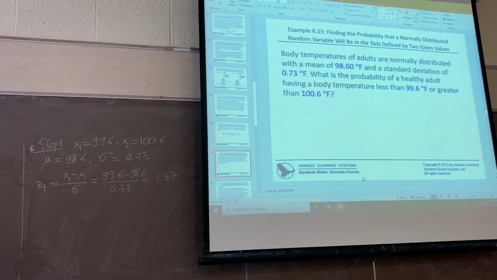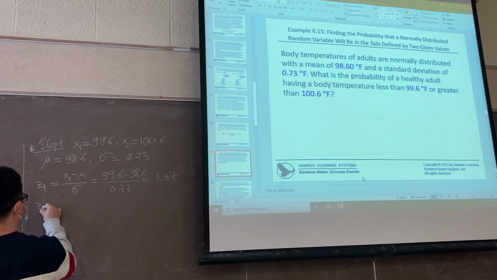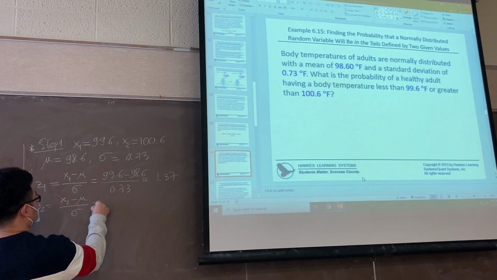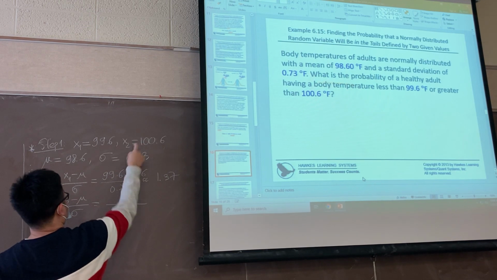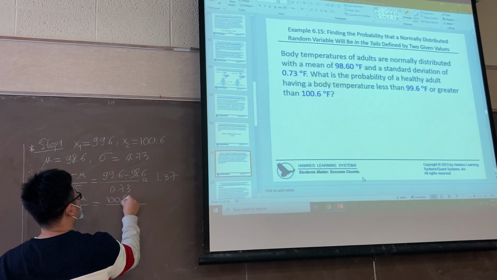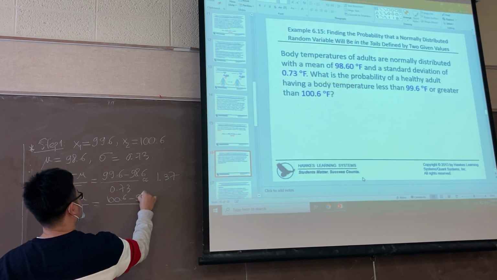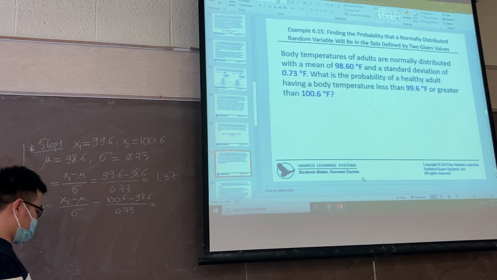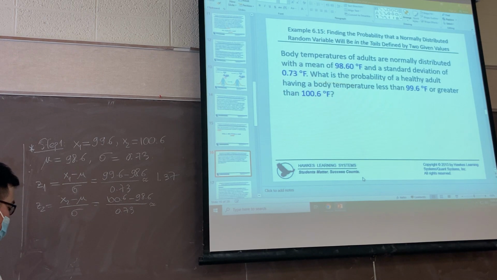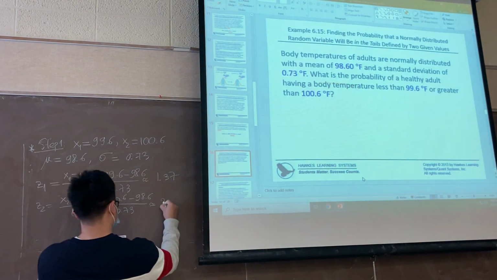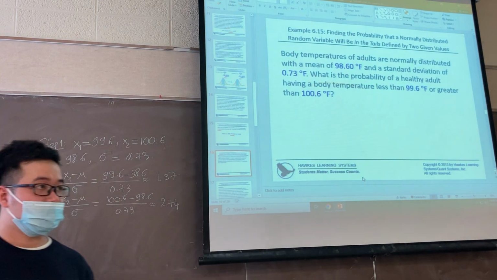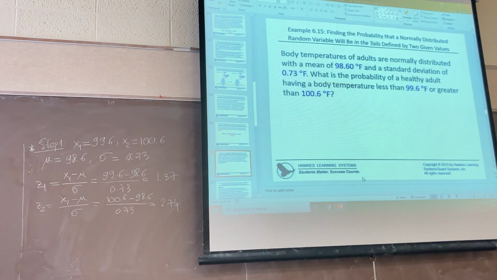And z2 here is x2 minus mu over sigma, and you will replace x2 here. Approximately equal to this value, 2.74. Okay, can y'all see?